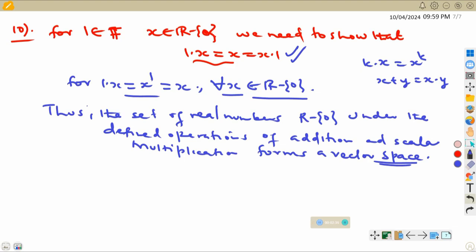So that will be the proof for all the axioms to show that this R minus 0, that is a set of real numbers excluding 0 under these defined operations, forms a vector space.